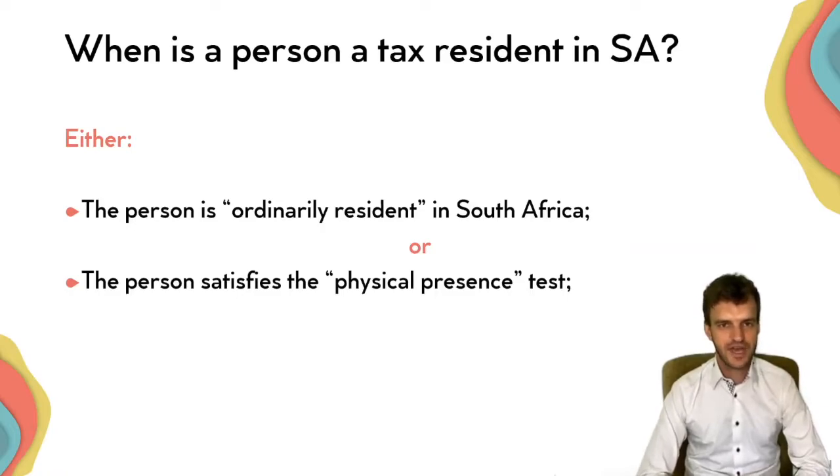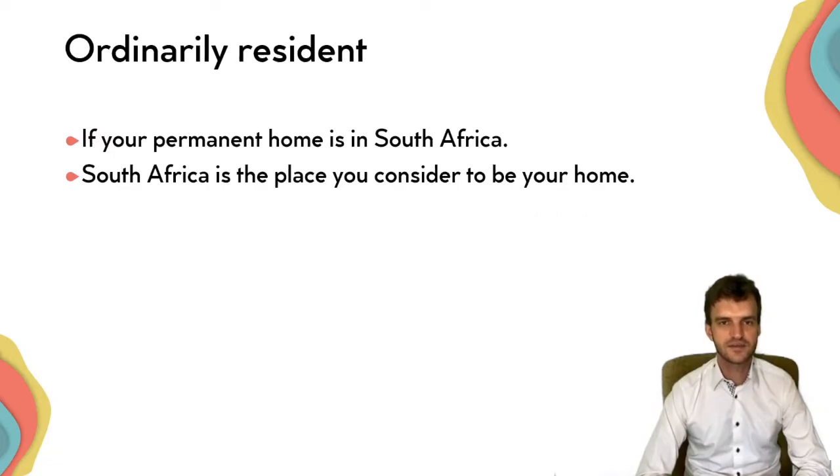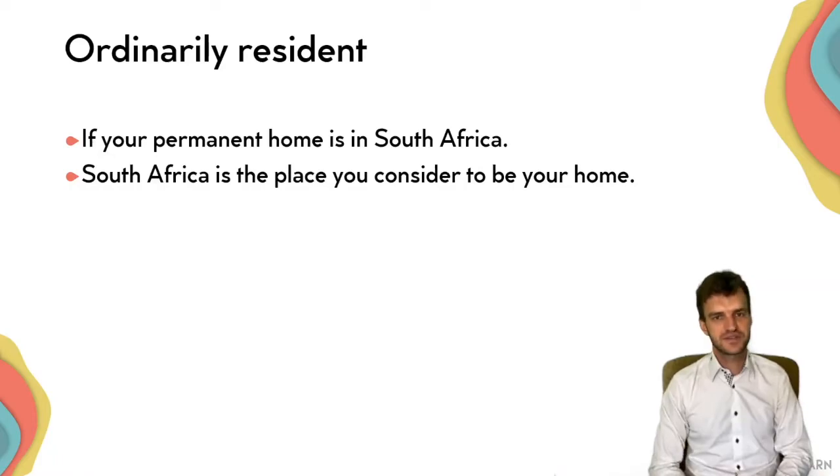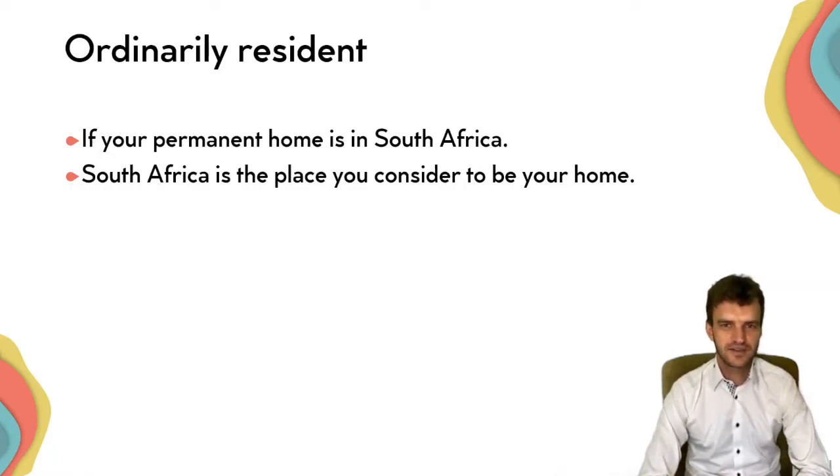Now we'll have a look at each of those different tests and see what they entail. To be ordinarily resident in South Africa is basically that your permanent home is in South Africa. The term ordinarily resident is not defined in the Income Tax Act, but it has been looked at in detail over many years by our courts.